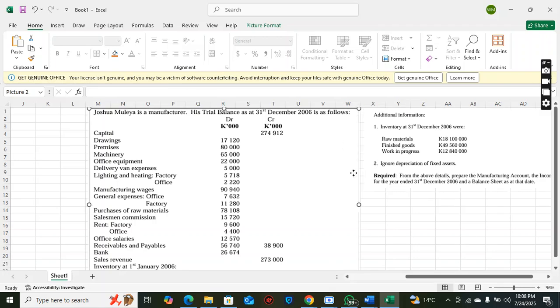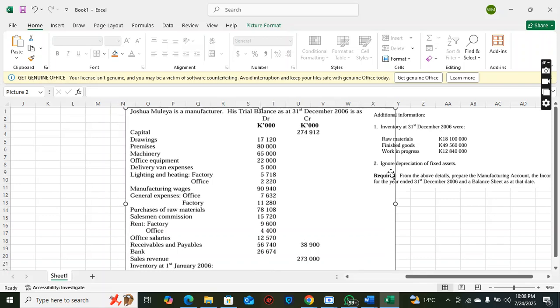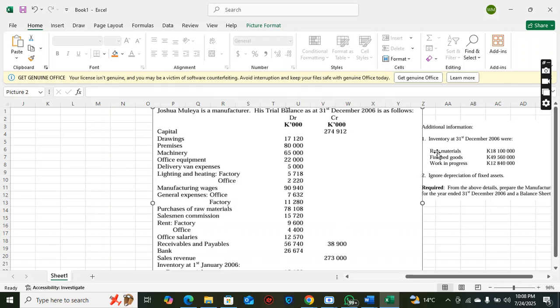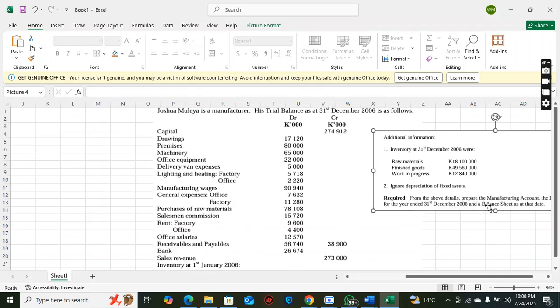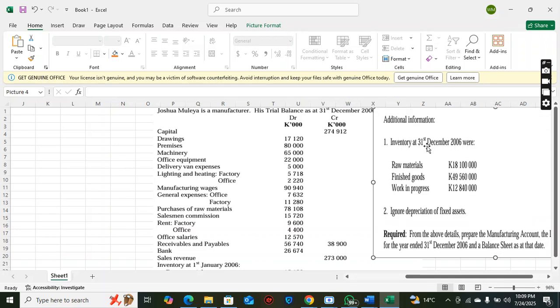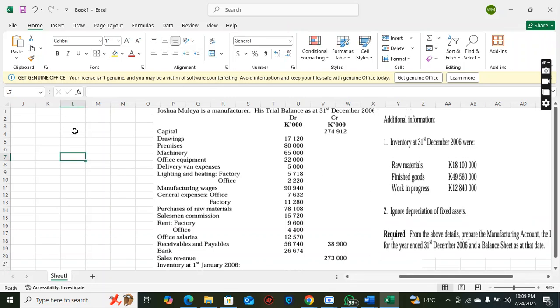All right. So, the first thing that we need to prepare is the manufacturing account. Colleagues, what's the purpose of the manufacturing account? Mr. Chimonia, Madam Sylvia.